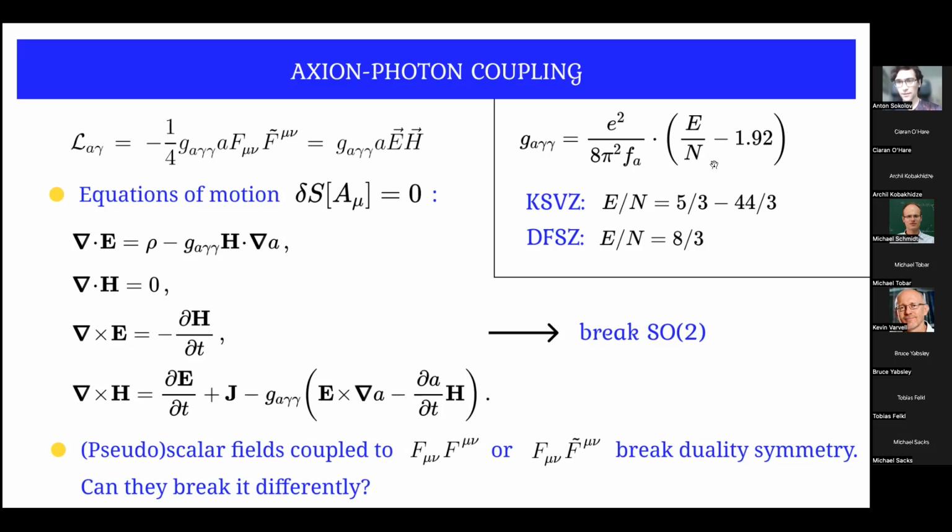In the end, the other question is, if we now break the symmetry differently, what will the coupling be? This is the analog of g_{a gamma gamma}. And what will be the models which provide such new couplings?